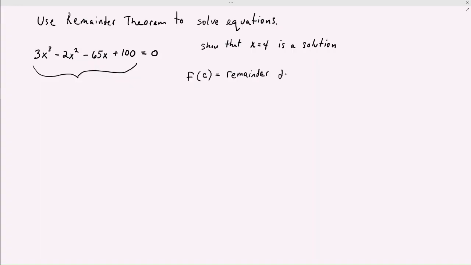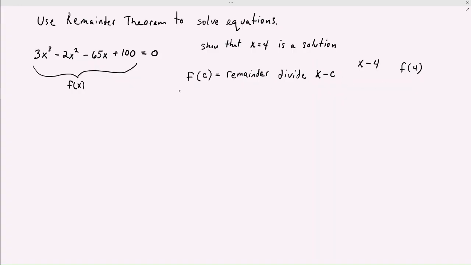if we divide by x minus c. Okay, so if we want to show that 4 is a solution, let's take x minus 4 and divide it, and if we call this f of x, that would be f of 4.